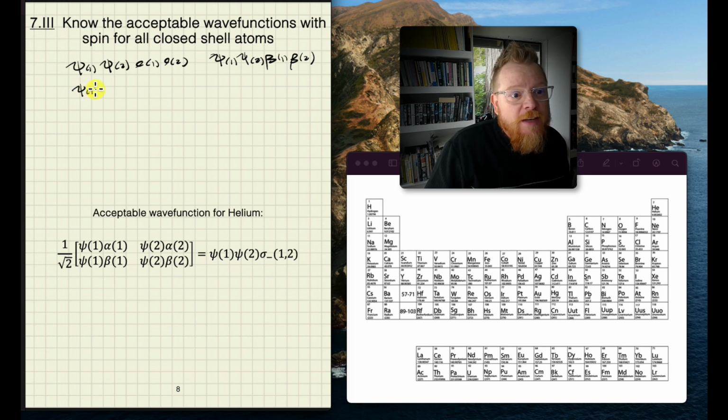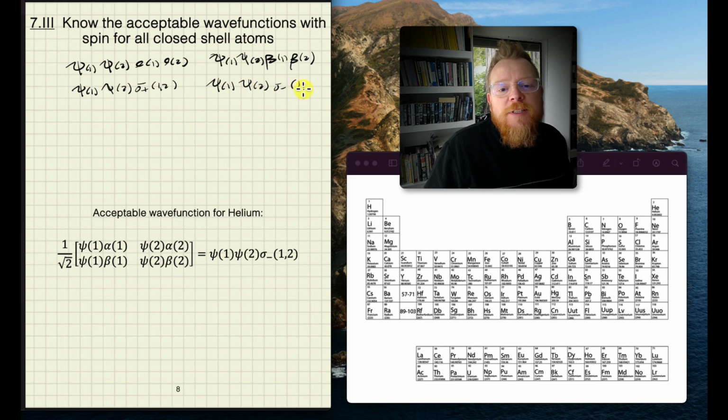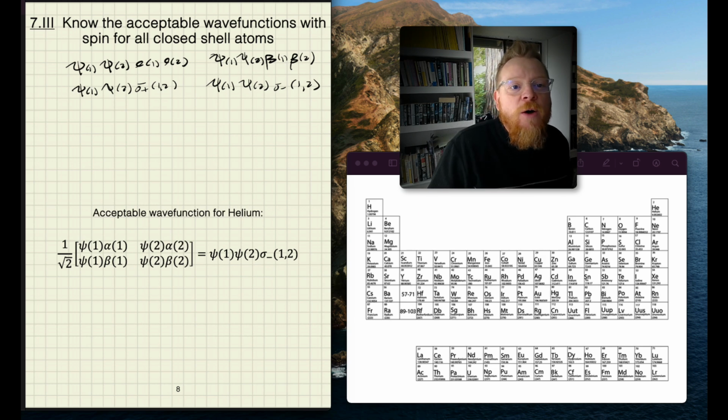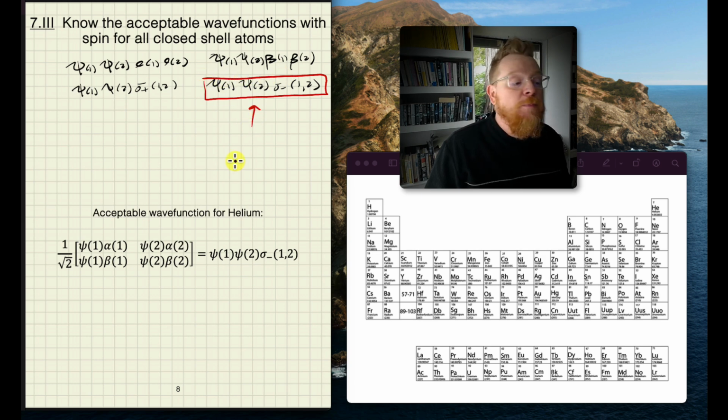Or we could have the following. We could get psi 1, psi 2 times the sigma plus 1, 2 state. Or we could have psi 1, psi 2 times the sigma minus state. And as it turns out, right, this one is the only acceptable wave function with spin to describe a pair.